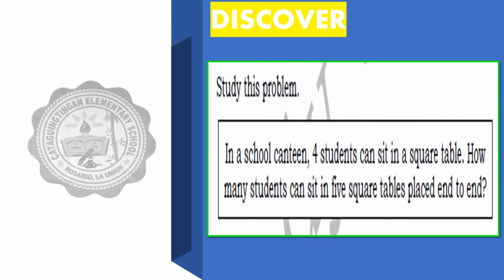Sabi dyan, sa school canteen, may 4 na pwedeng umupo sa square table. Ilang mga estudyante ang pwedeng umupo sa 5 square table placed end-to-end?